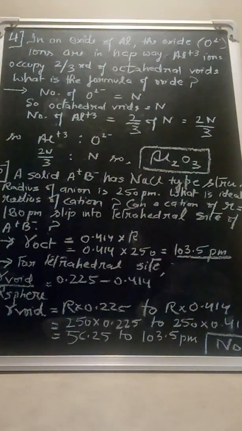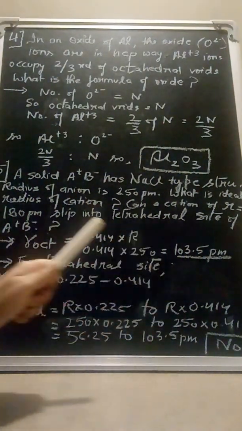This part we have already done in the previous session. The radius of void, which is the cation going into it, and the radius of sphere, that is the anion, should be in this limit. So we find the radius of void, the lower limit and the higher limit.